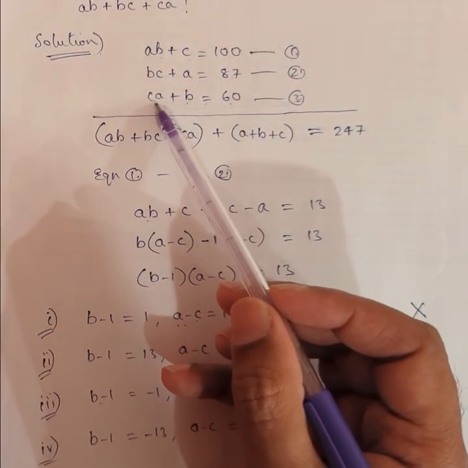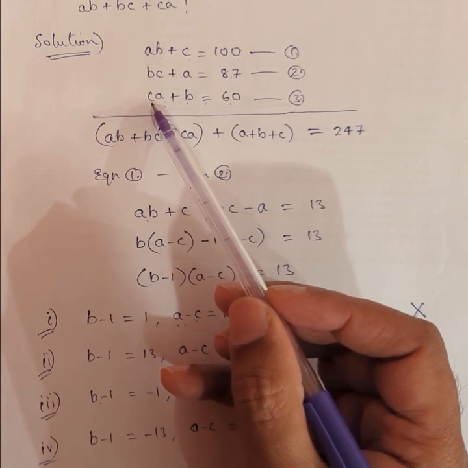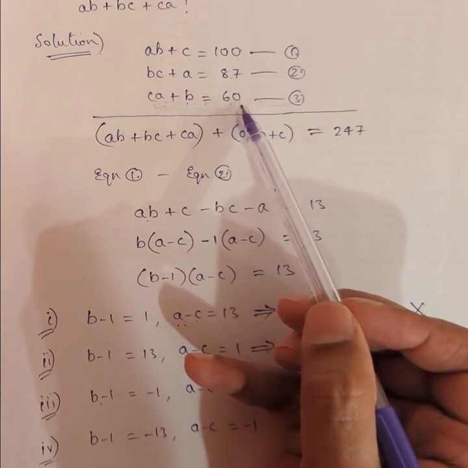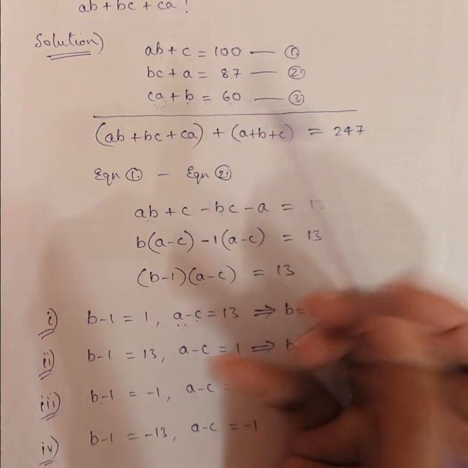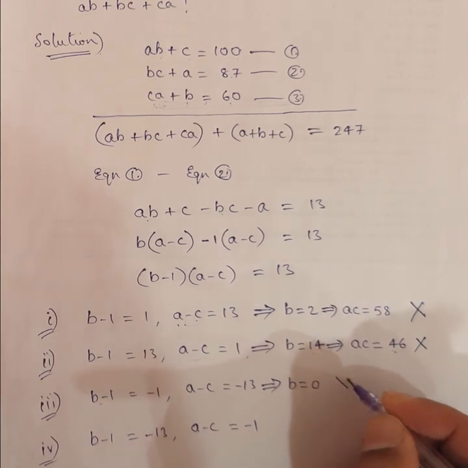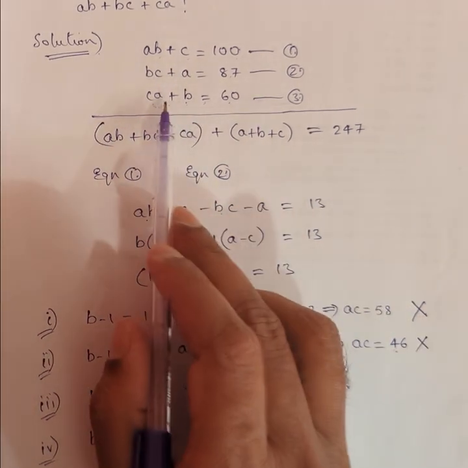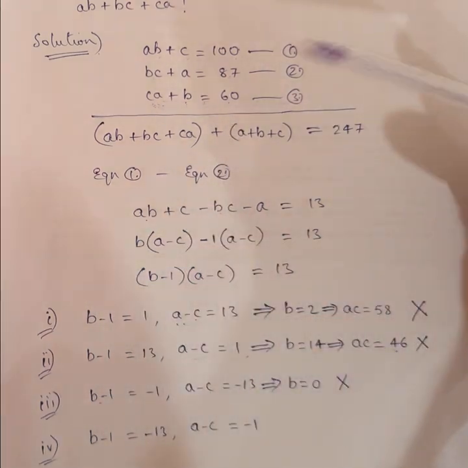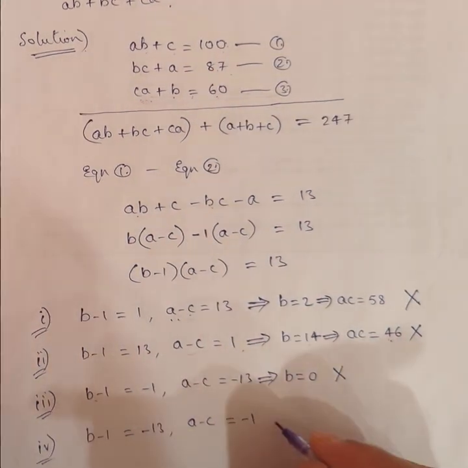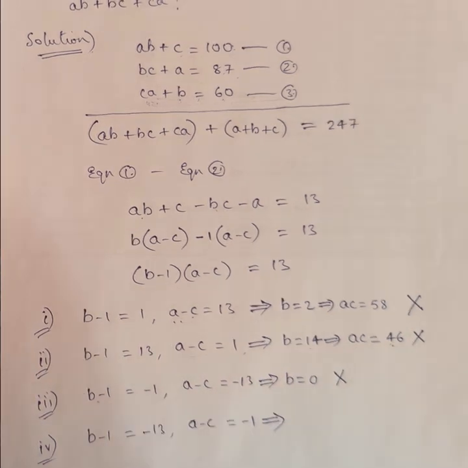Then 100 times 87 plus b equal to 60, so b would be large. So b is not 0. If b is 0, ac would have to be 60, but c is 100 and a is 87. So this is also ruled out. It looks like the last one is the only possibility.